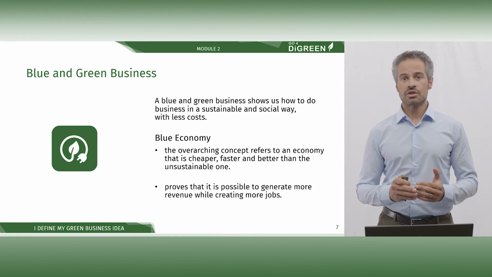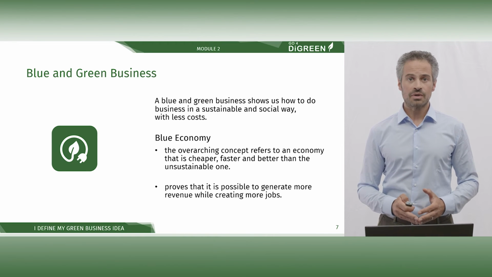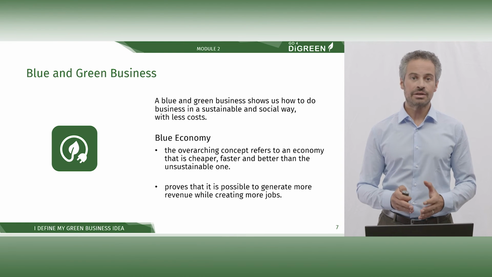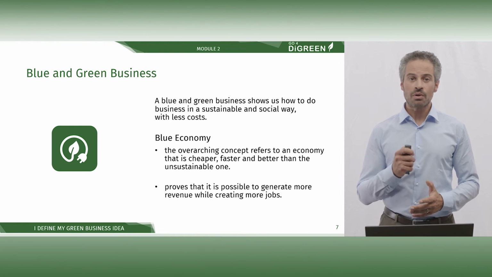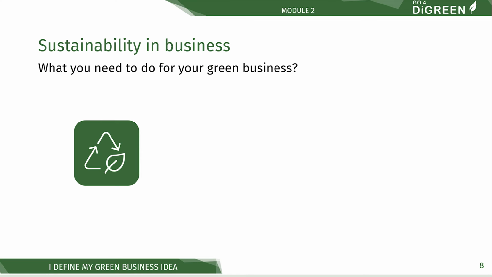The concept and achievements of the blue economy, as we use it in the Go for the Green project, stem from Gunter Pauli, the pioneer of an economy that is cheaper, faster and better than a traditional model. Blue economy proves that it is possible to generate more revenue while generating more jobs and still compete on the global market.